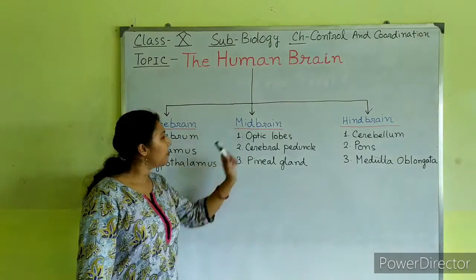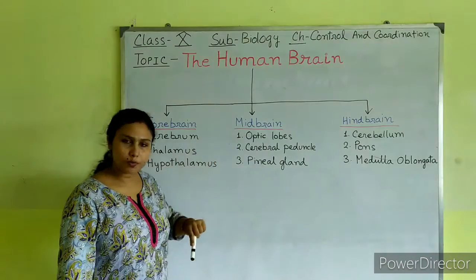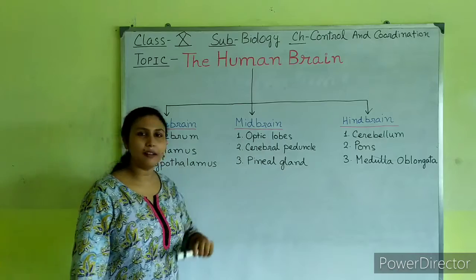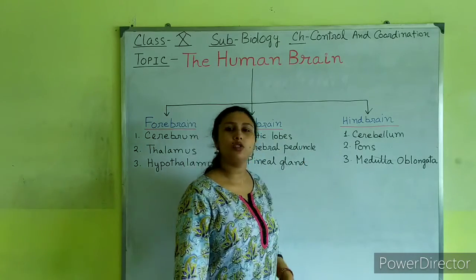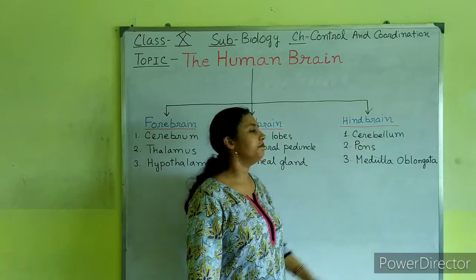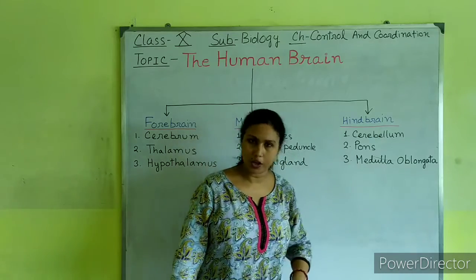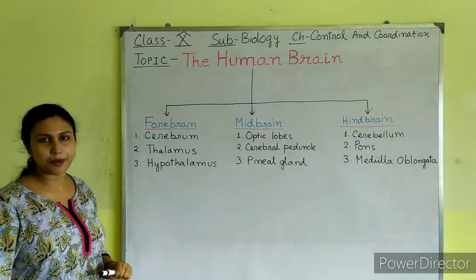Next, the midbrain consists of again three parts, that is the optic lobes, the cerebral peduncle and the pineal gland. Next, the hindbrain also consists of three parts, that is the cerebellum, the pons and the medulla oblongata. So these are the different parts of the human brain.